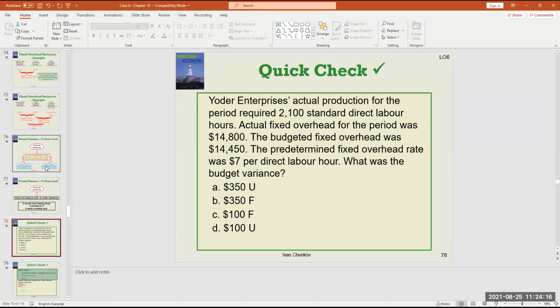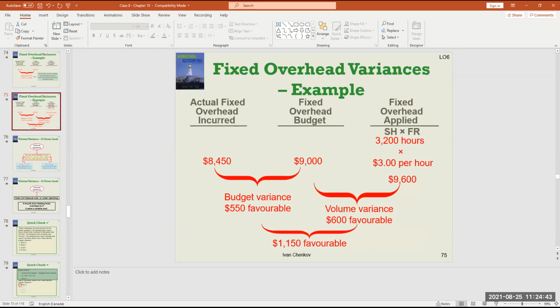So in this company, the actual production for the period required 2,100 standard direct labor hours. Actual fixed overhead for the period was 14,800. We budgeted 14,450. The predetermined fixed overhead rate was $7 per direct labor hour. What's the budget variance? Well, the budget variance is the actual minus the budget.